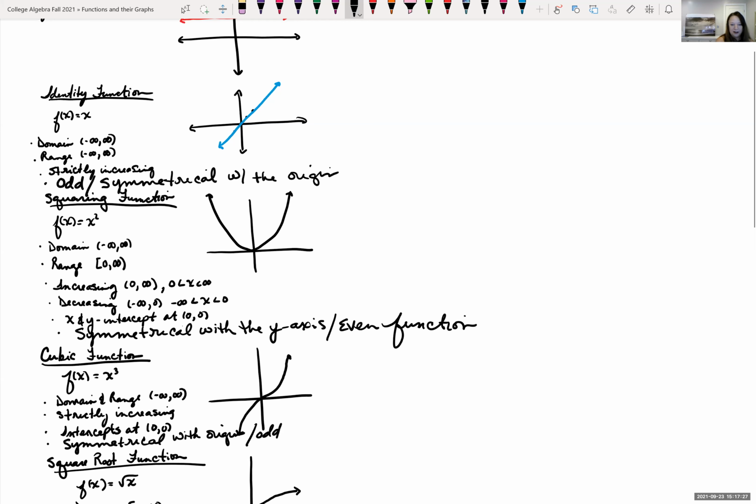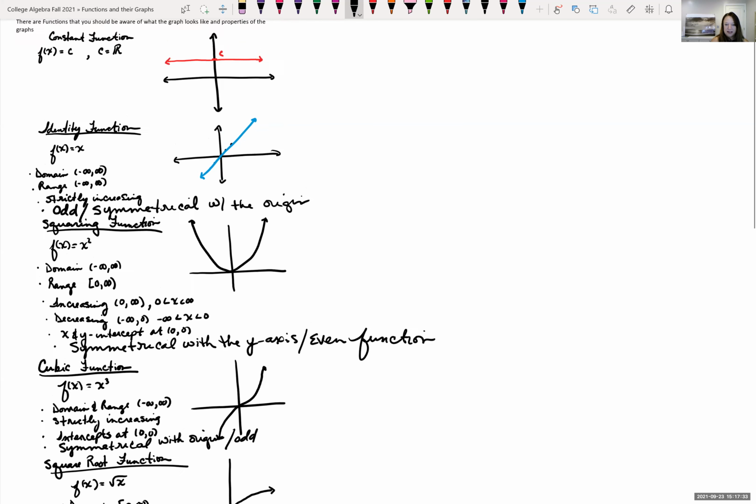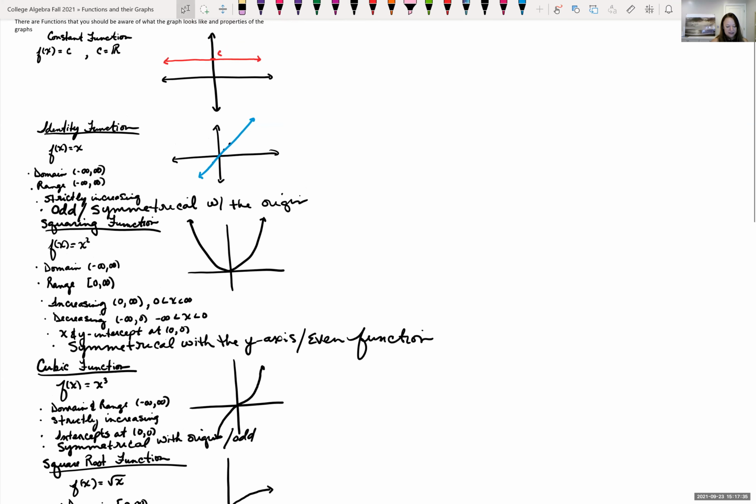And if we're going to continue to talk about symmetry, notice our constant function, f of x equals a constant. If I folded that across the y-axis, it's symmetrical. So this is symmetrical with the y-axis, so it's even.